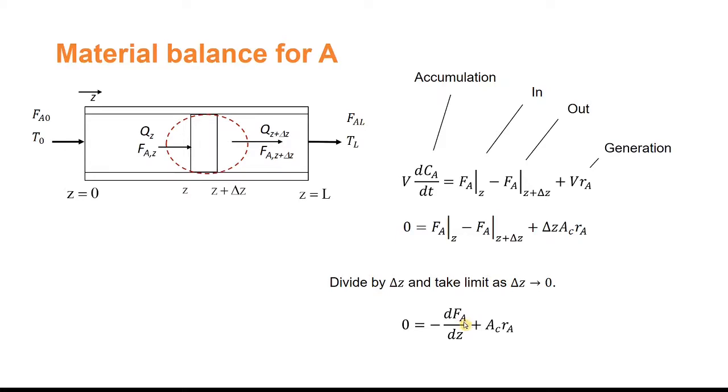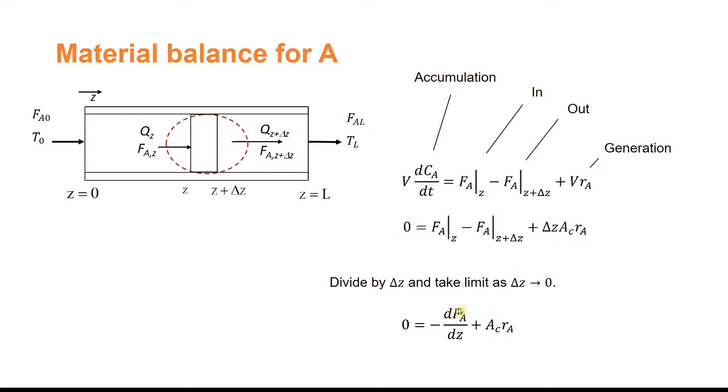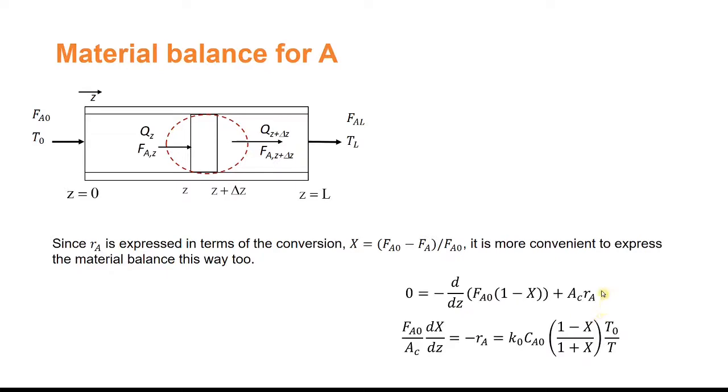Then we will have a differential equation with just two independent variables, X and Z. So we can rearrange this expression to get FA equal to FA0 times 1 minus X, which we can substitute in our differential equation and get this new differential equation. We then evaluate the derivative and algebraically manipulate the equation to get this.